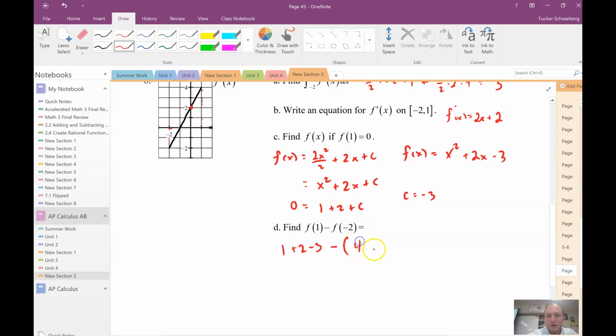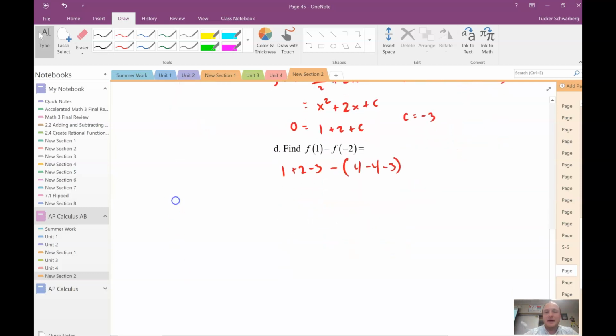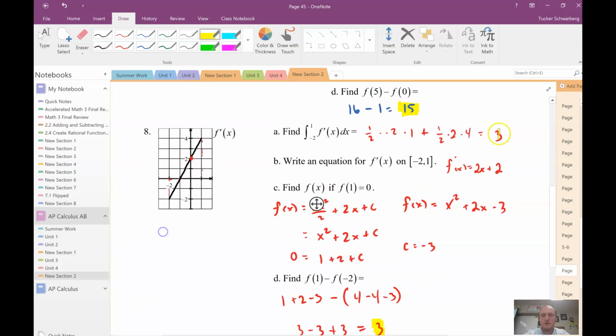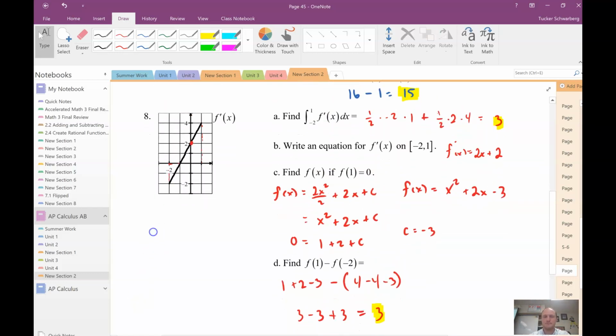That would be 4 minus 4 minus 3, and we get 3 minus 0, sorry, I'm thinking about the first part. We get 3. Hey, what do you know? Again, we have 3 is equal to 3.